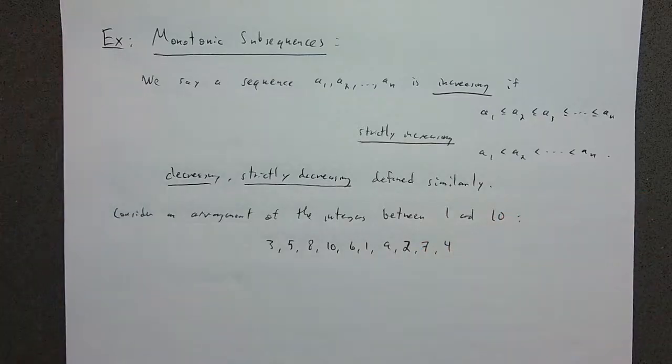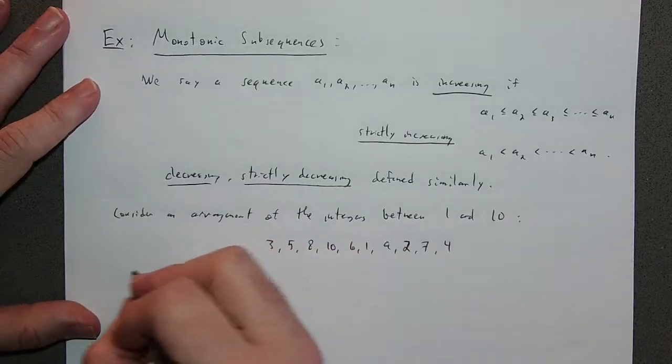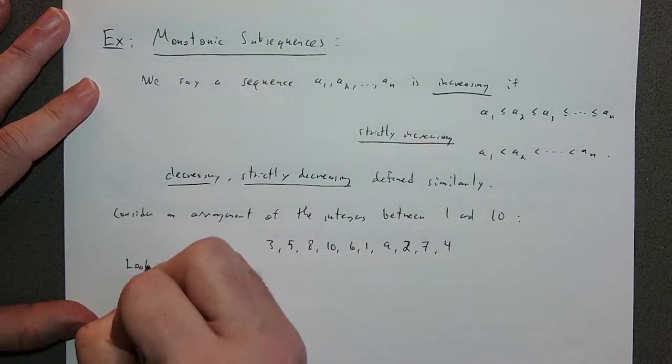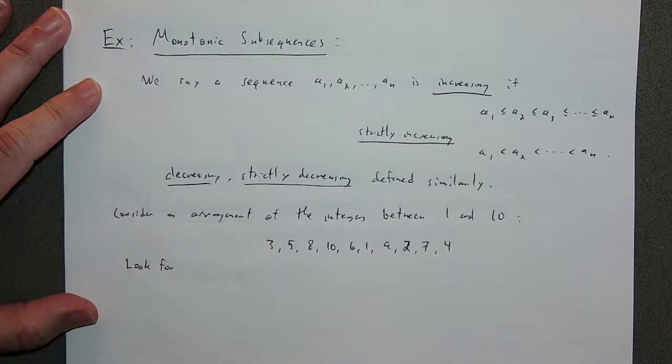That's all of them. So here is an arrangement of the integers between 1 and 10. Now look for an increasing subsequence of maximal length.